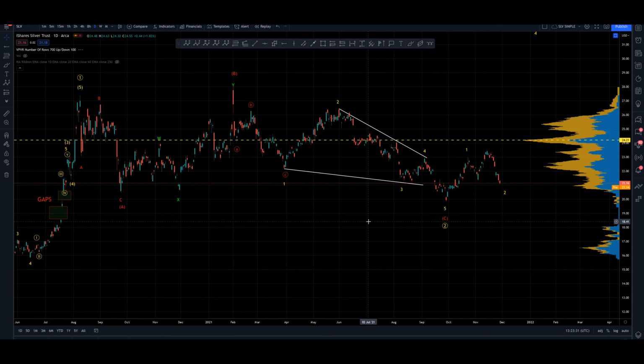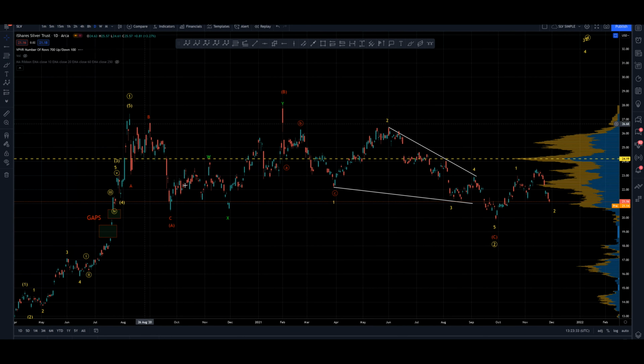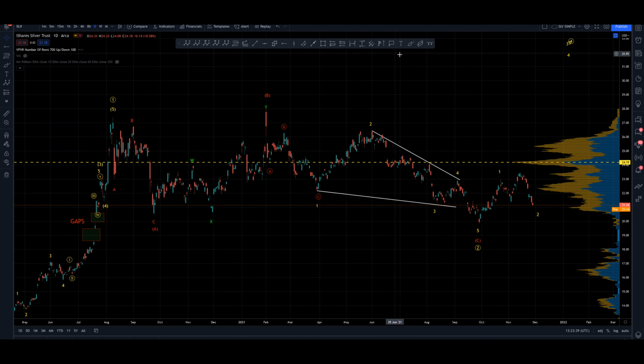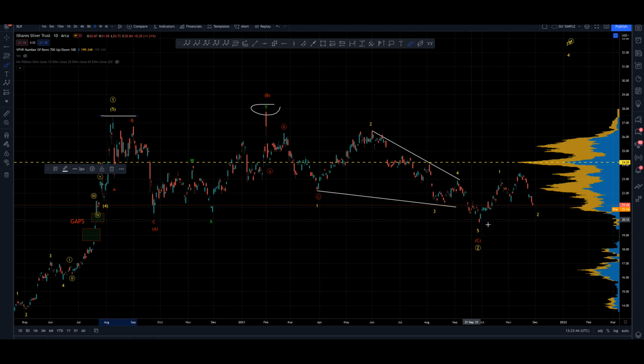So in the bullish case, we had an A, we had an expansive B, and we've completed an expansive C. So the B came beyond where the A began, and the C came beyond where the A completed. For this sideways movement, it is expansive.